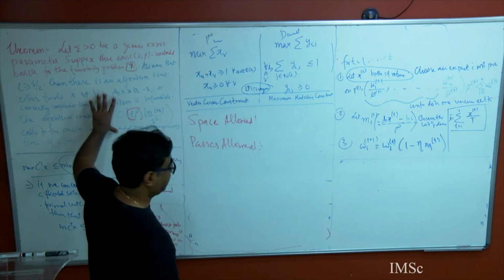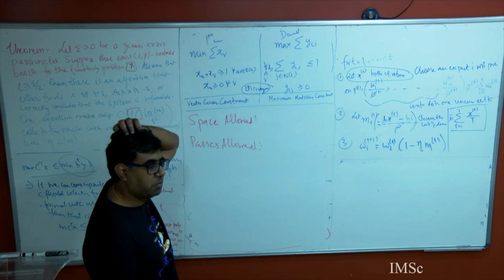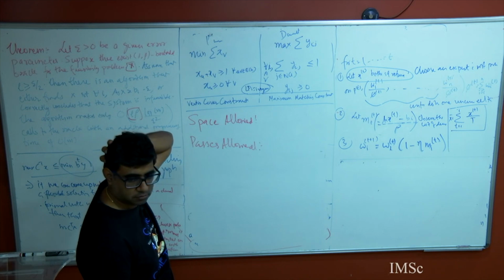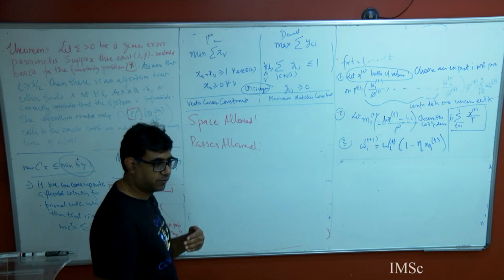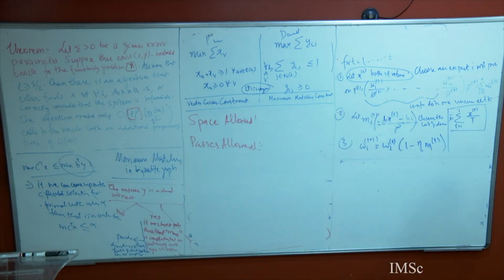So if I try to run these kinds of algorithms in the streaming setting, what will correspond to passes? This t, the number of times we update. What is t doing? Each time you are updating your current solution. So t will correspond to the number of passes we are going to have.